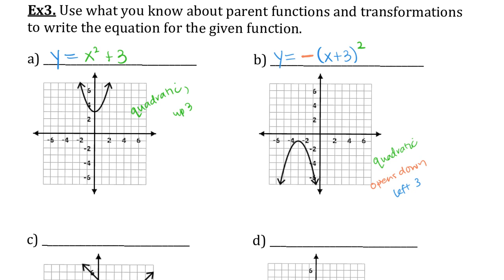Okay, does it move up or down? Left 3, down 1. It goes down 1. Okay, let's check it. It opened down. Yes. It went left 3, down 1. It was quadratic, has a squared.